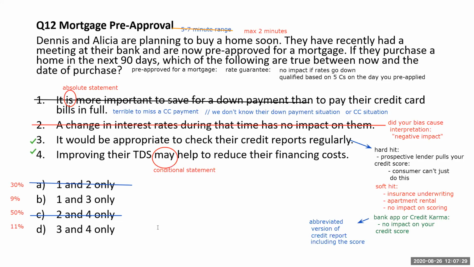Okay, and it's a good thing to pick up on now, because that absolute statement, really, it's going to paint us into a corner. It creates this kind of black and white outcome. And we just don't know. The conditional statement leaves more room for interpretation. It's more likely to be correct.